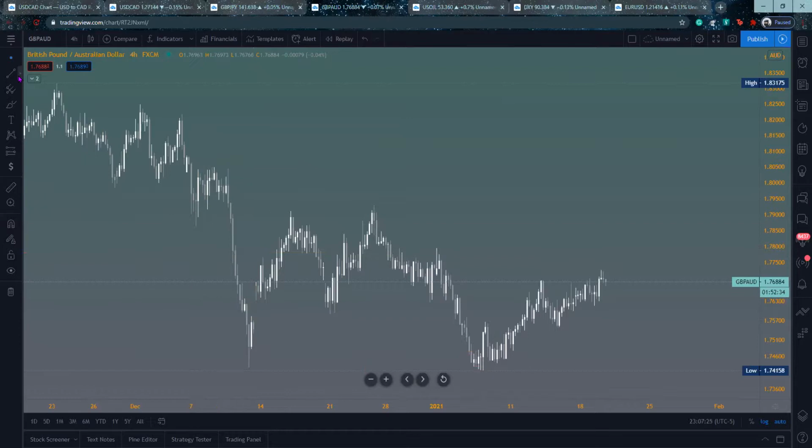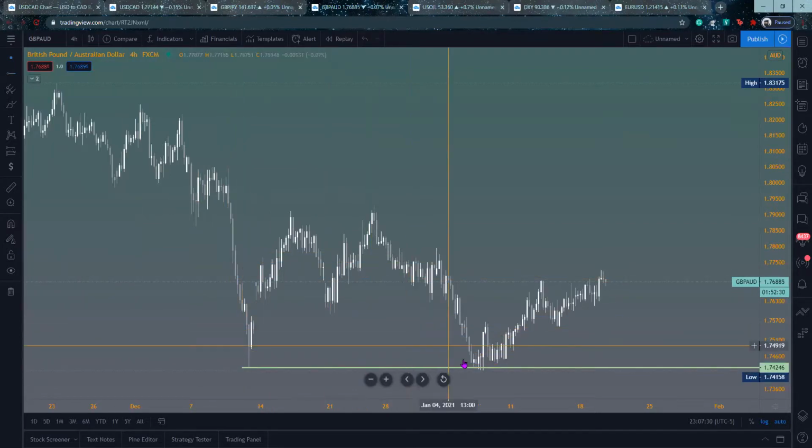Once we take out this previous low, my bias shifts a little bit because we actually did dip into this liquidity pool and created a new low. So we may more than likely have a new low, which is most definitely going to allow our trade to go lower.